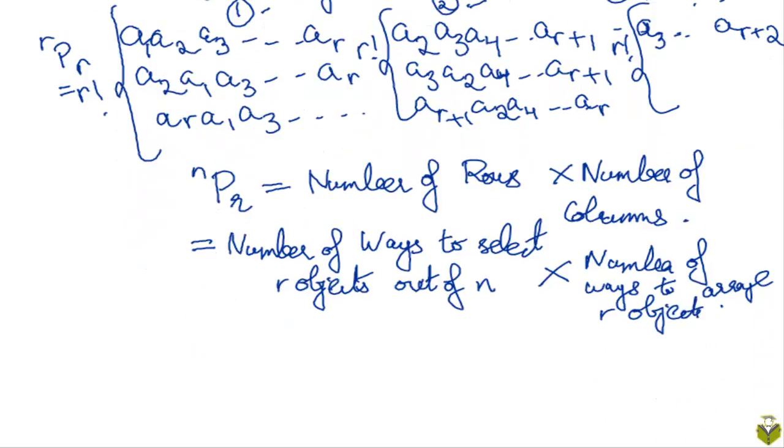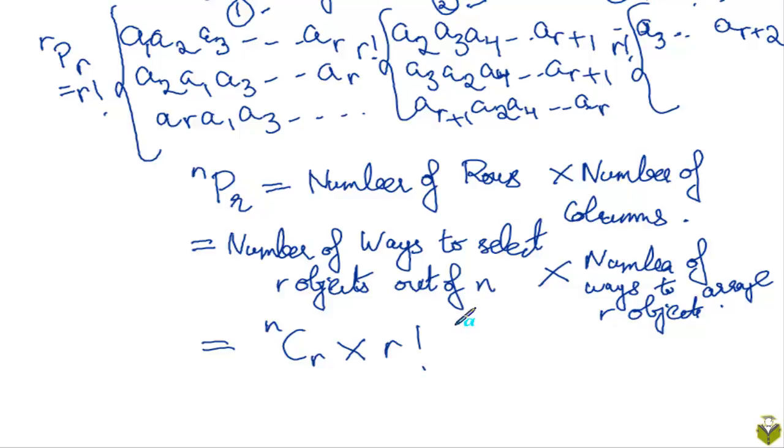Okay, so by definition, we know that the number of ways to select R objects out of n is exactly n choose R, and the number of ways to arrange those R objects, like we saw here, is R factorial or RPR, which is R factorial. So this will be R factorial, right? So we have already proved this now.